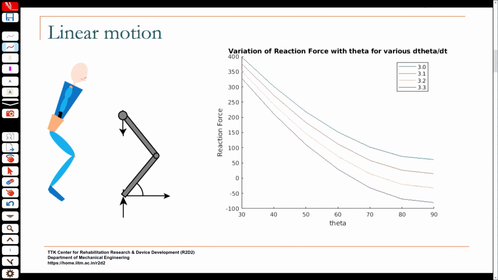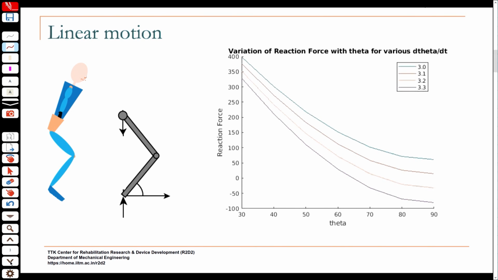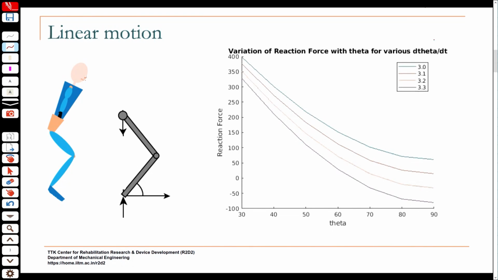This was also for the condition d square theta taken to be 0. The second thing I looked at was how the reaction force changes with theta for various d theta by dt. So, if I am extending at different angular velocities, and my initial condition at the time of jumping is different, what is my likelihood of successfully taking off?